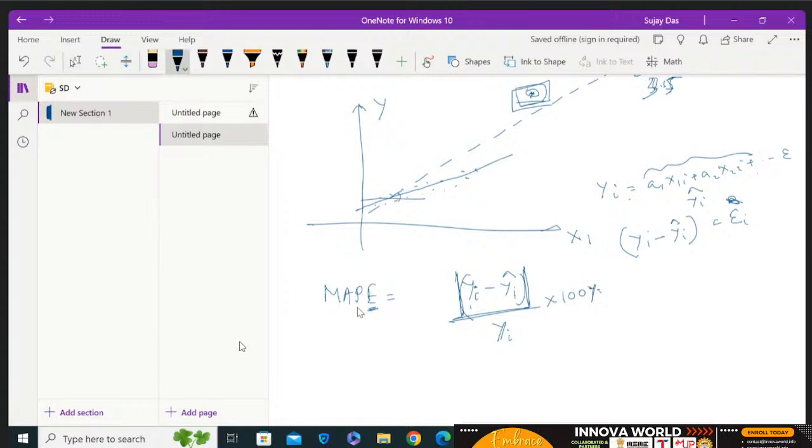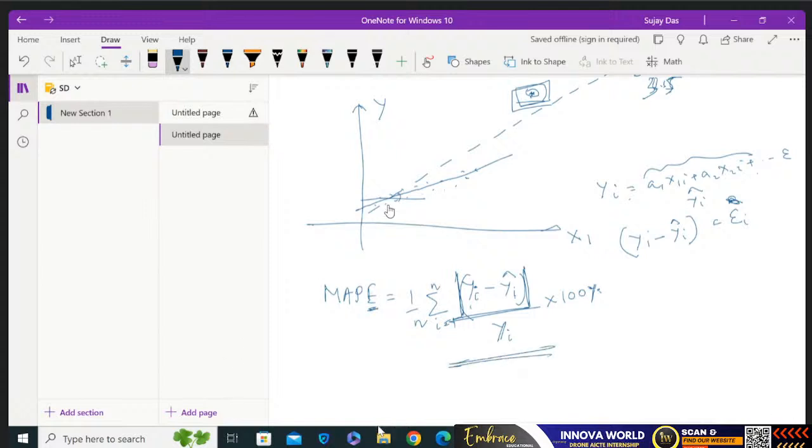And then we need to find the mean of this. How can we find it? Summation from i equal to 1 to n, if there are n many values, and then we need to take the average, right? So this is the formula for mean absolute percent error.